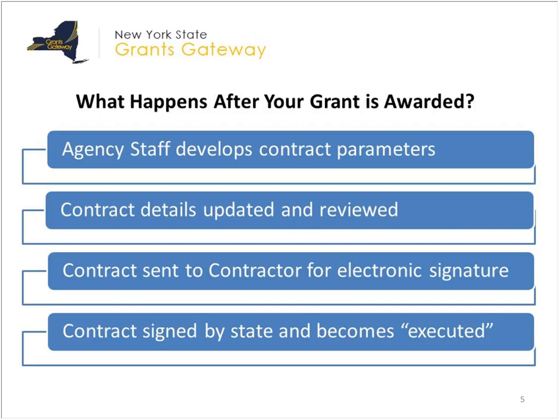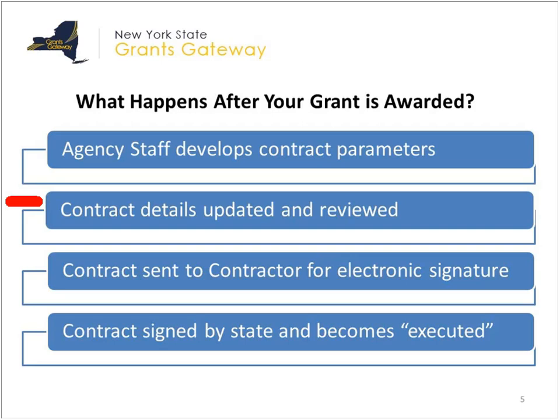So after your grant was awarded, there's a couple of steps that it goes through. First of all, the agency staff developed contract parameters. Things like, is there an advance or not, when are payments due, things like that. That's already been done. Next is the contract details are updated and reviewed. That's where we are right now, and it could be done on the agency side at DOL, or it could be done on your side at your organization. And it could be kind of a back and forth between those two where things are being developed.